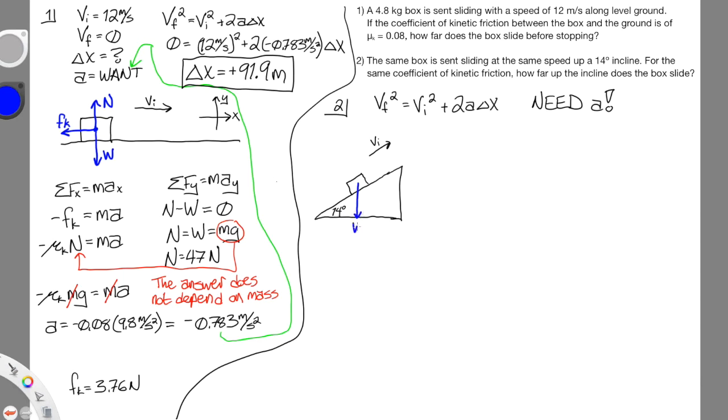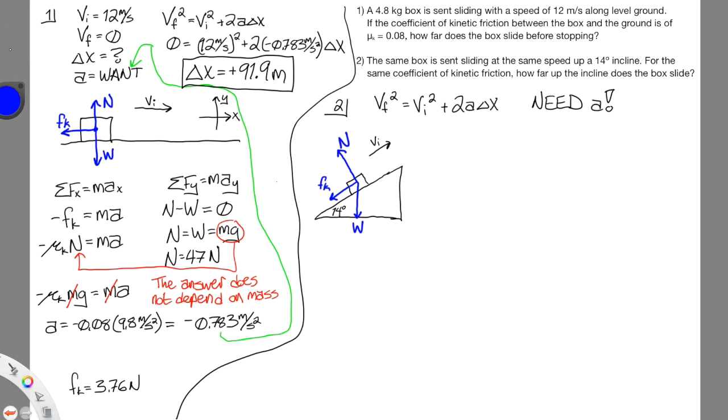The weight still acts straight down towards the Earth. The normal force will act perpendicular to the contact surface, so no longer straight up and down, now kind of at an angle. And the friction, again kinetic, will oppose the direction of motion.